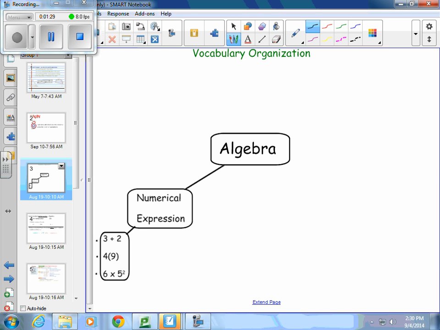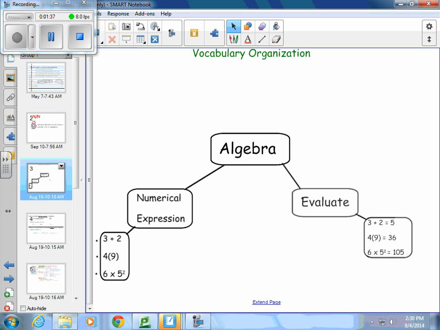They have numbers in there, and we can evaluate our numerical expressions. We know that 3 plus 2 equals 5, 4 times 9 equals 36, and 6 times 5 squared equals 105.